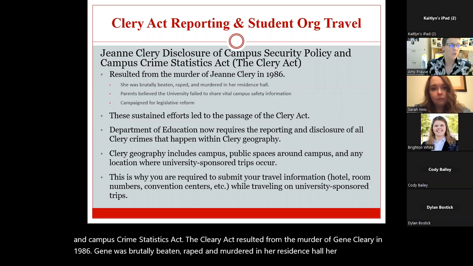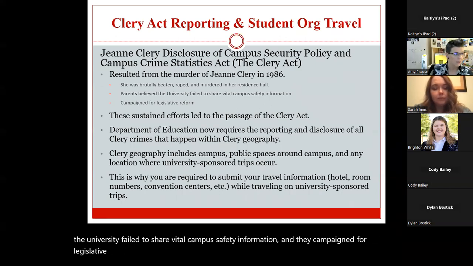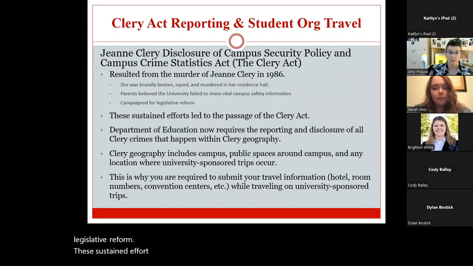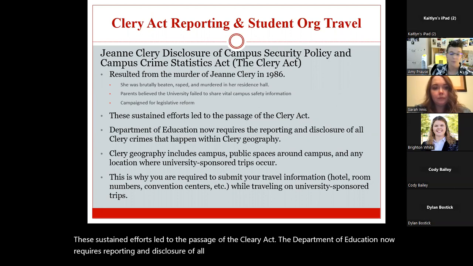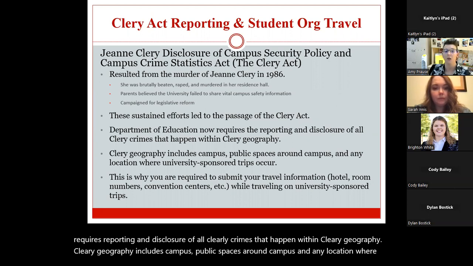Her parents believe the university failed to share vital campus safety information, and they campaigned for legislative reform. These sustained efforts led to the passage of the Clery Act. The Department of Education now requires reporting and disclosure of all Clery crimes that happen within Clery geography. Clery geography includes campus, public spaces around campus, and any location where university-sponsored trips occur.